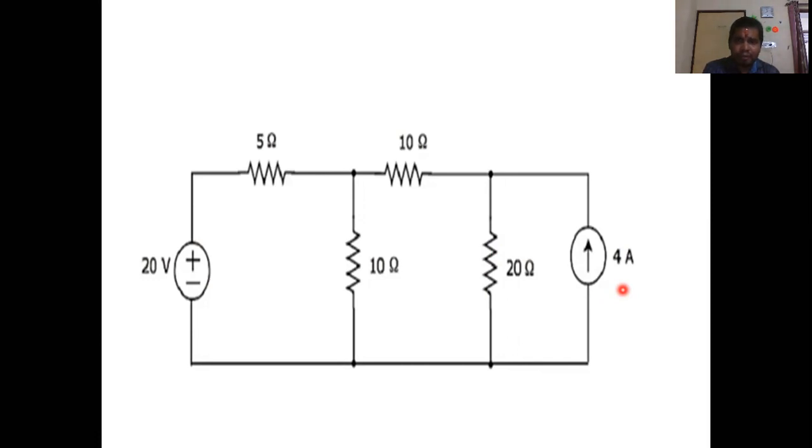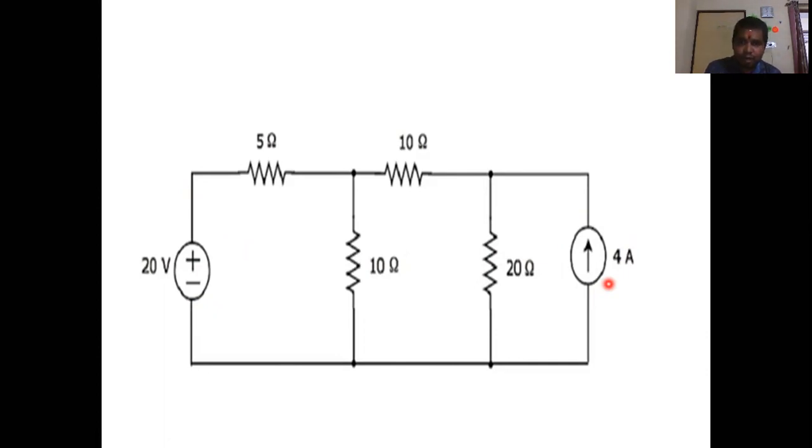So when you remove the voltage source in the circuit, it should be short circuited. When you remove the current source, it should be open circuited. This is always applicable. Whenever you remove a voltage source, it should be short circuited. Whenever you remove a current source, it should be open circuited.